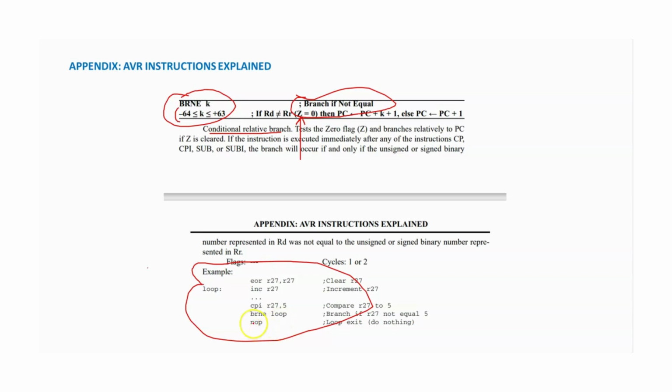This loop is implemented with the help of the branch if not equal instruction. The logic is very simple. We will discuss it in the example, which is also given in the appendix and can be followed for further understanding.